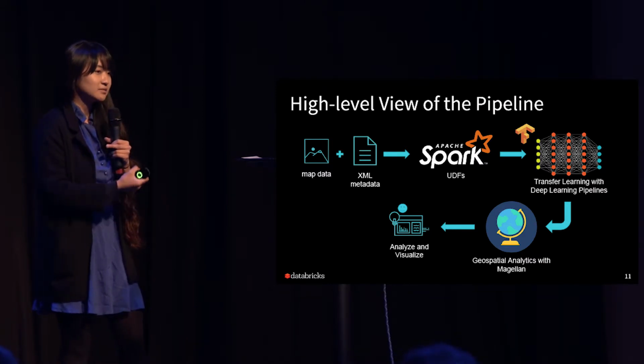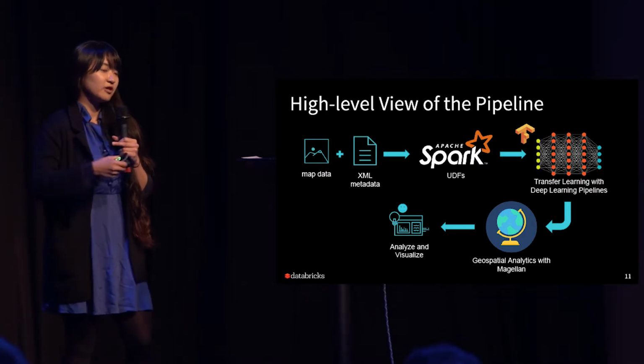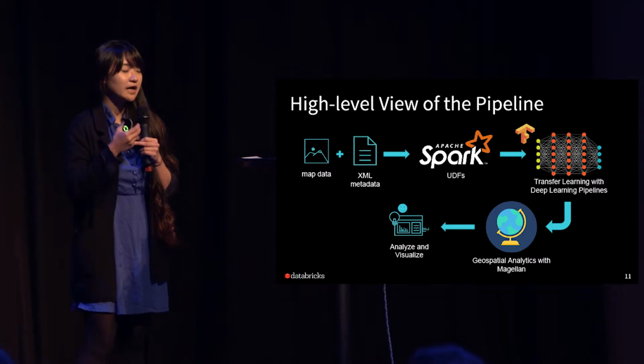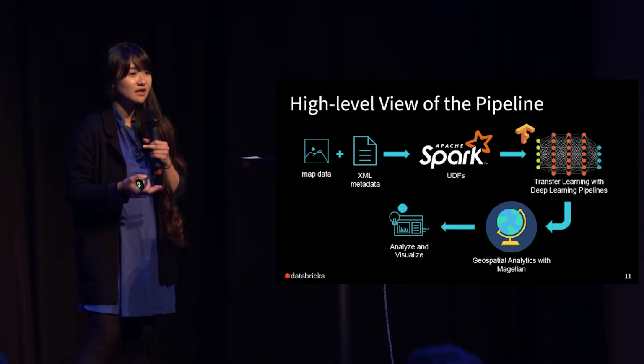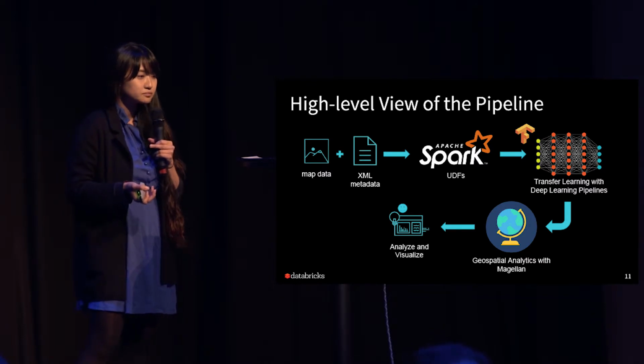So I'm going to join the map data images with my metadata, put it through some transformations with Spark UDFs, and this is where I can use packages like OpenCV and PIL and distribute it across my cluster.